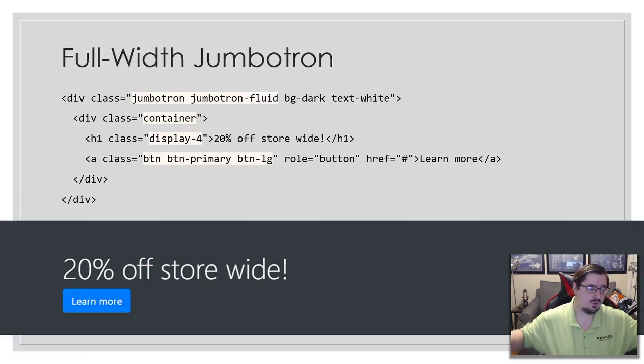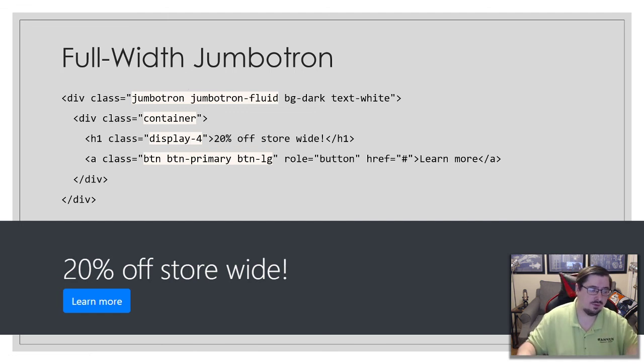But oftentimes I want to expand my Jumbotrons to fill the full width of the viewport. In order to do that, I need to actually switch the container and the Jumbotron. So rather than the Jumbotron being inside of the container, I want the container to be inside of the Jumbotron. So here I have Jumbotron on the outside. I also have this class jumbotron-fluid.